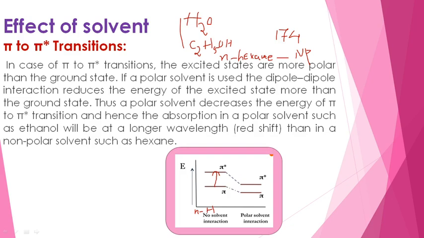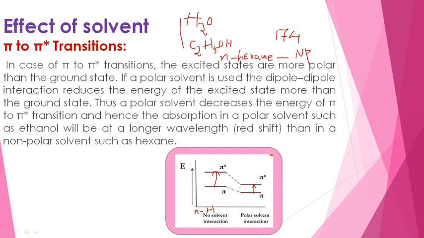If you change the solvent, the system being the same, from non-polar solvent to polar solvent, it may be water or ethanol. Due to the substitution of solvent, what is happening here? You are finding a decrease in the pi to pi star transition energy. So the energy gap is decreasing. As the energy gap is decreasing, the wavelength must increase.